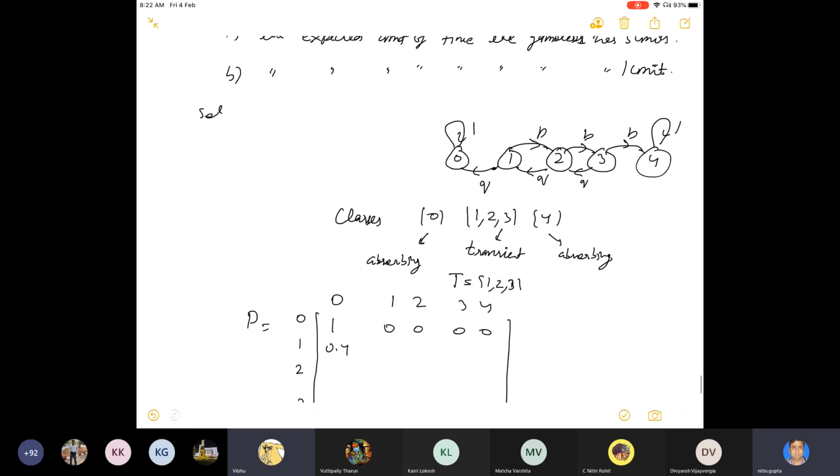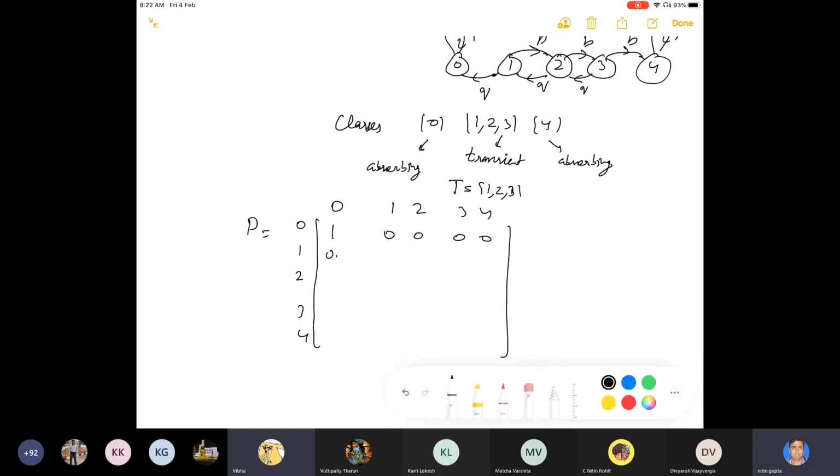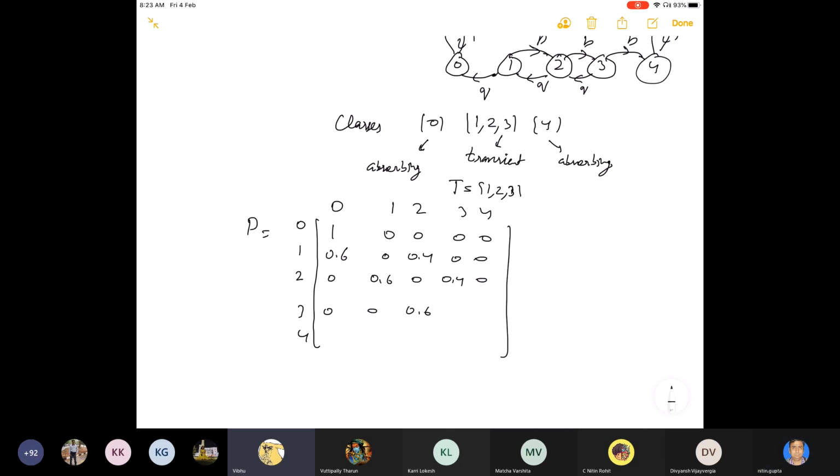Okay, P is 0.4, Q is 0.6. So the rows are 0.6, 0, 0.4, 0, 0; 0, 0.6, 0, 0.4, 0; 0, 0, 0.6, 0, 0.4; and 0, 0, 0, 0, 1.